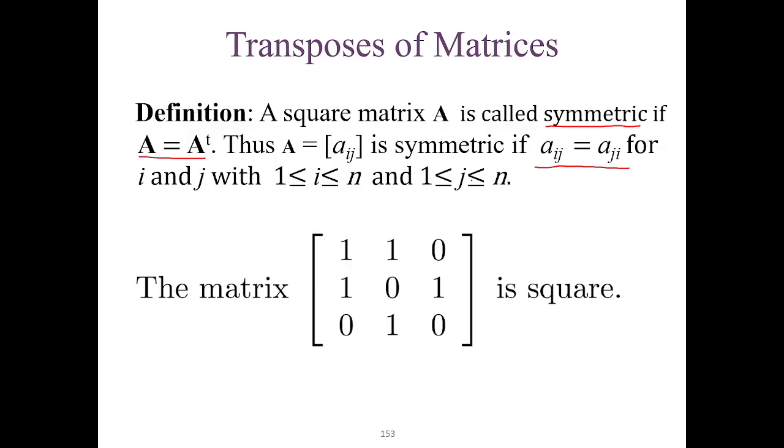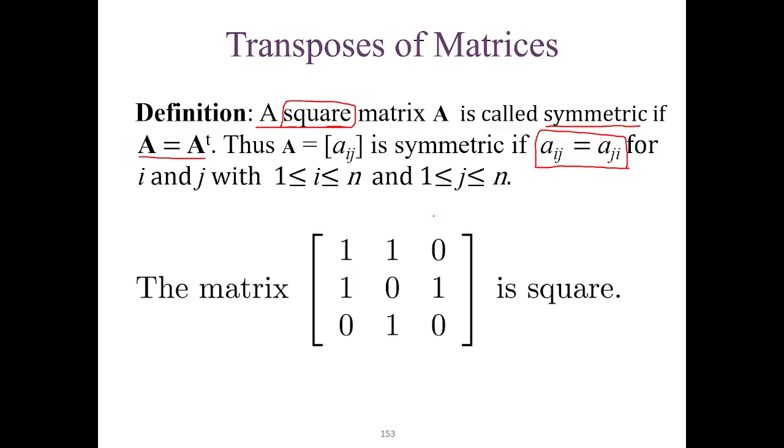The first thing to see is that a symmetric matrix is defined for square matrices. If the matrix is 3 by 2 or 2 by 3, then we cannot define it as symmetric, because you cannot use the definition Aji equals Aij for a matrix that is not square.